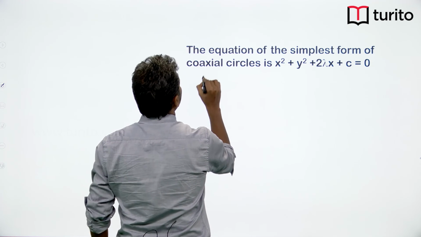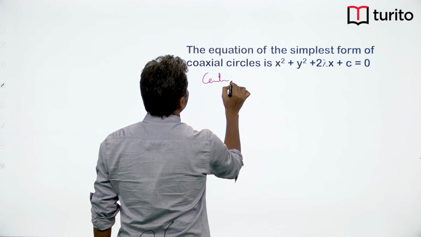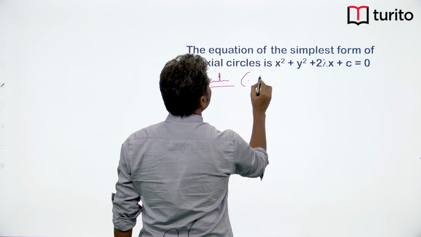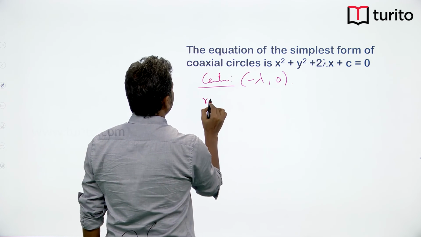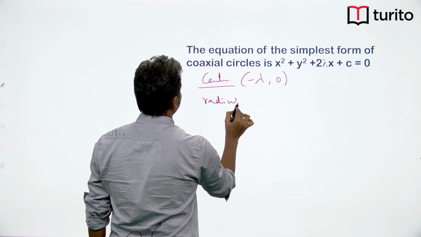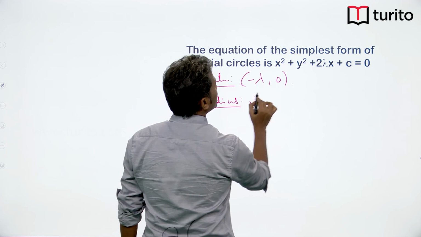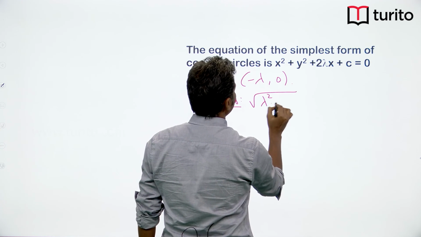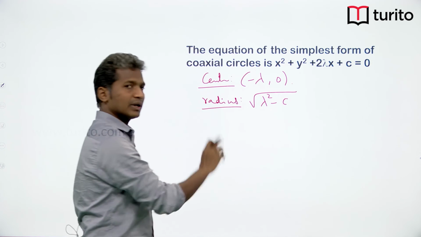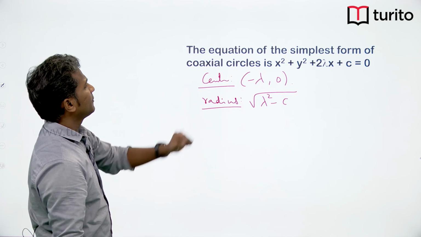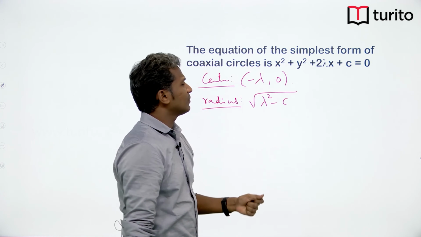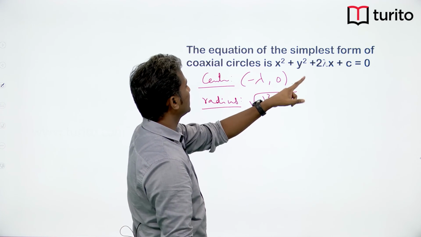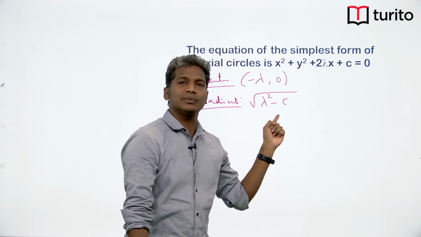Suppose from here if I take the center, it is minus lambda comma 0, and if I take the radius, it is root of lambda square minus c. Now, here for the circles to exist, the radius has to be real.